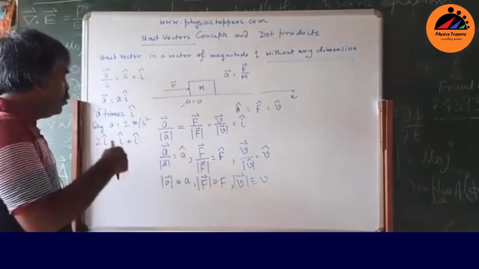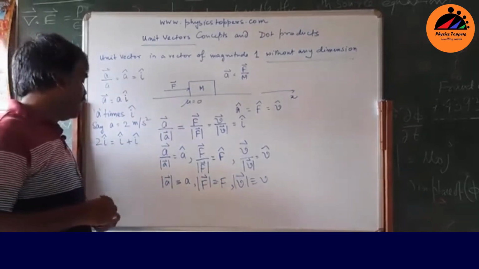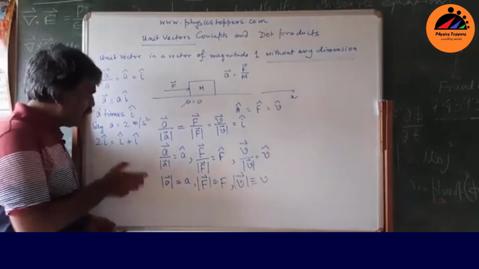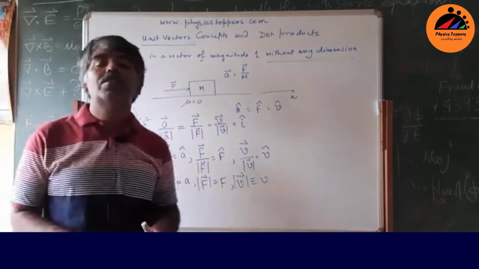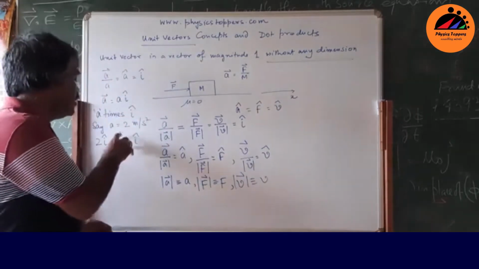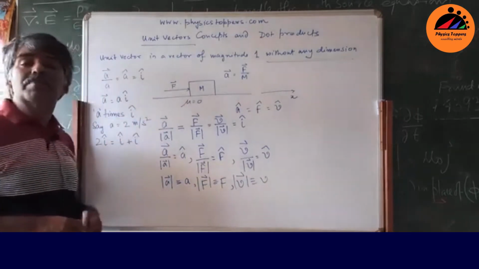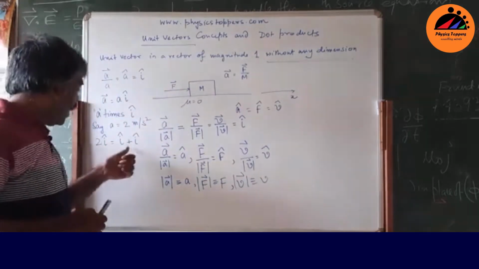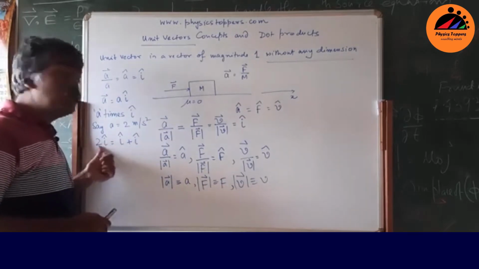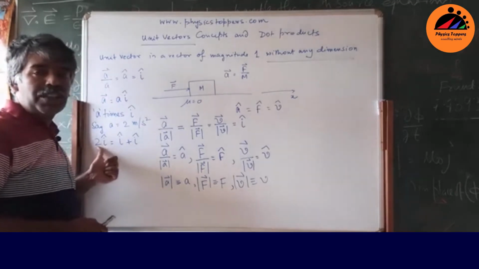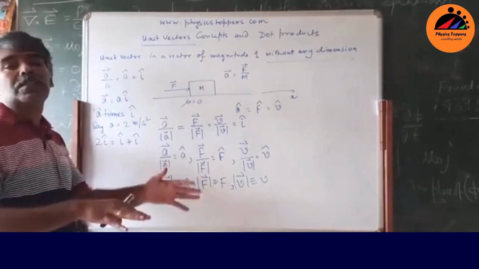When you grow old or you learn the language of vector space, you will understand that this i cap, j cap, k cap are members of a vector space, and this addition is a vector space addition. But this can be written as 2 times i cap. This 2 is not a member of a vector space. It's a field member on which the vector space is defined.